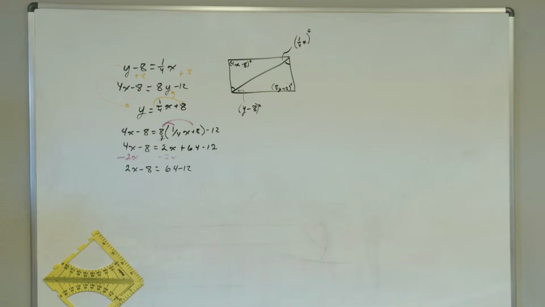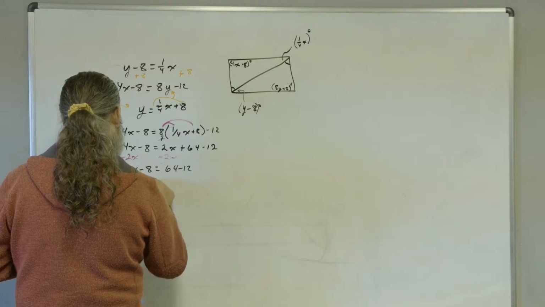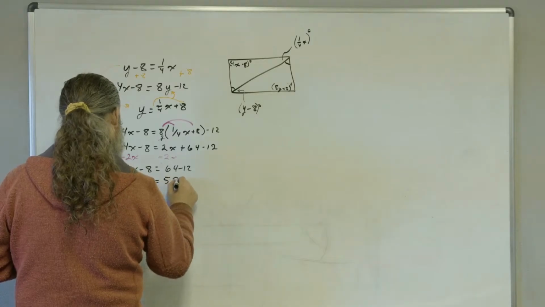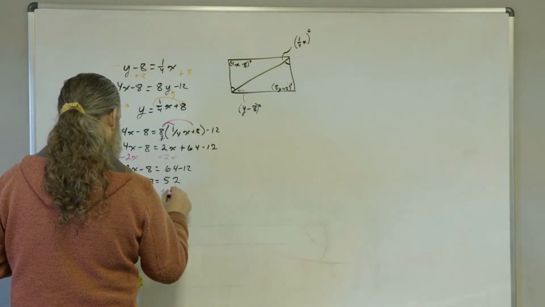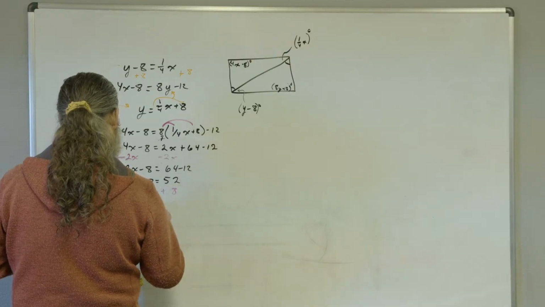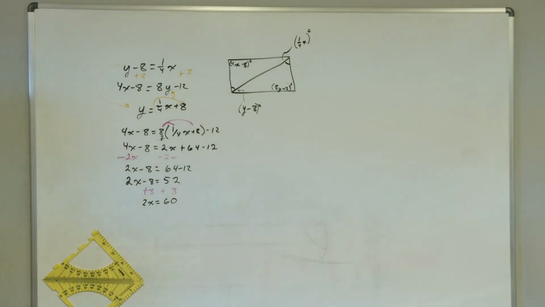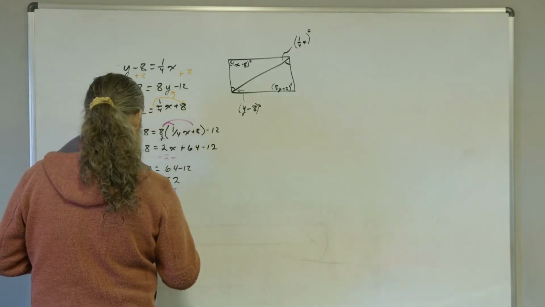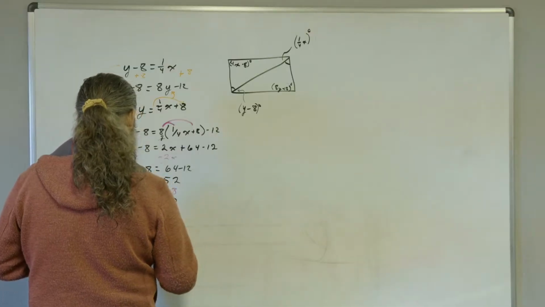Or we could go ahead and do the 64 minus 12. Clean that up, right? What's 64 minus 12? 52, definitely. And then adding 8 seems reasonable. Okay, now what? Divide by 2. X equals 30.